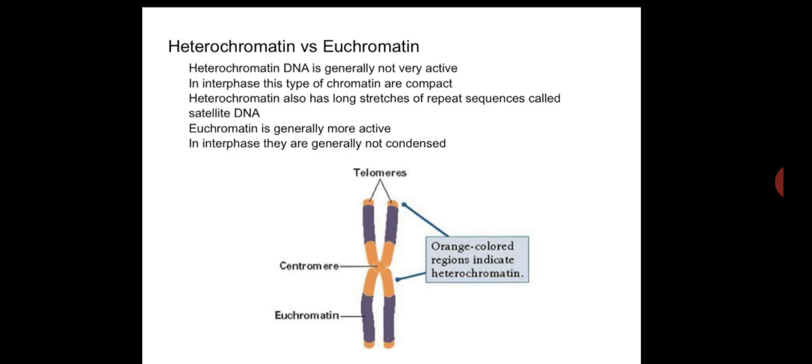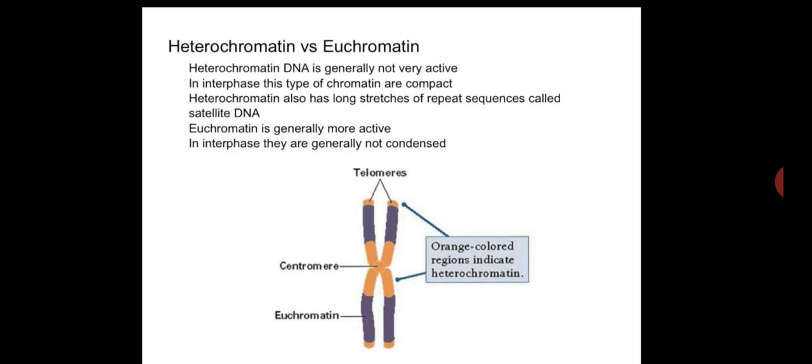Whereas euchromatin is the remaining portion. Whatever region of chromatin or chromosome takes light intensity, a small amount of staining, those regions are called euchromatin regions.